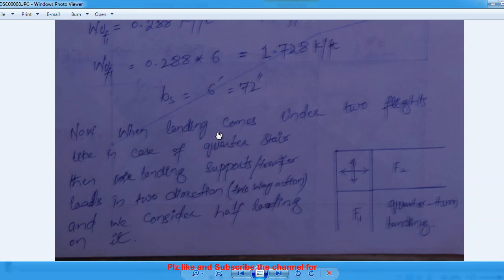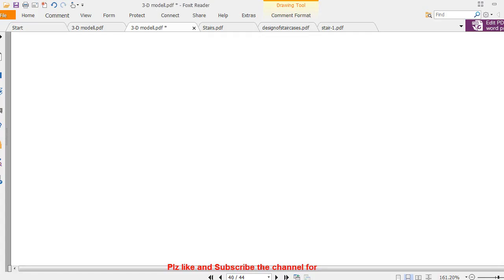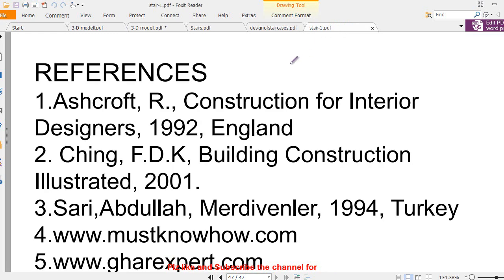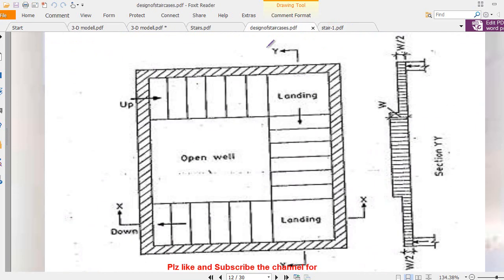Clear? Now when the landing comes under two flights, like in the case of a quarter stair, remember, this is very important terminology which I want to share with you. Let me show you here. This is the flight, this is the landing, and this is again the flight.